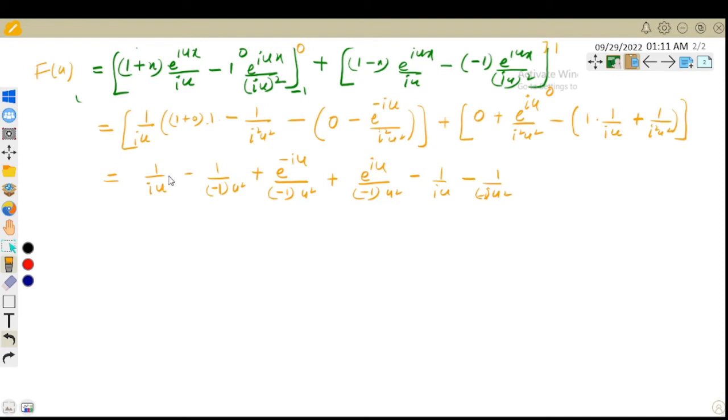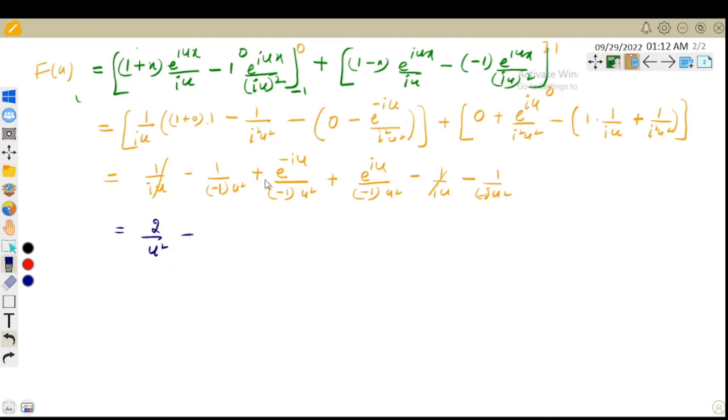So look at students, plus 1 by iu minus 1 by iu get cancelled. Here you can observe both are minus minus plus, here minus minus plus, 1 by u square plus 1 by u square, which is 2 by u square.